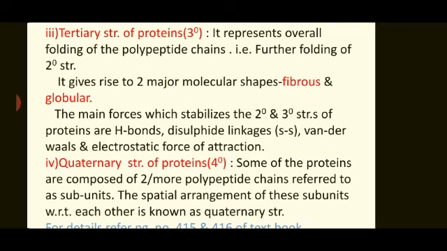Now how are these polypeptide chains held together? The main forces which stabilize the secondary and tertiary structure of proteins are hydrogen bonds, disulfide linkages, van der Waals force or electrostatic force of attraction.